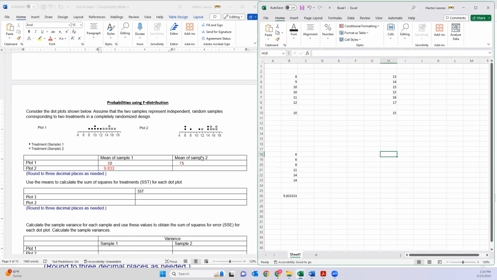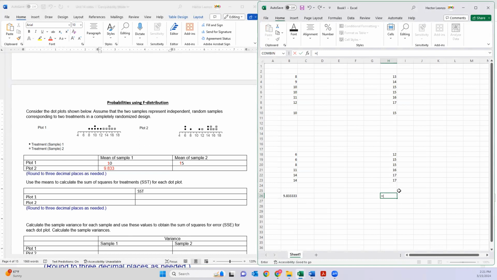Okay, my mean of sample 2 from my plot 2. So notice plot 2, my sample 2. Let me look at my numbers. It is, let's see, 12, 15, 15, 16, 17, and 17. Gotta do the average of that. So I'm just gonna open parentheses.